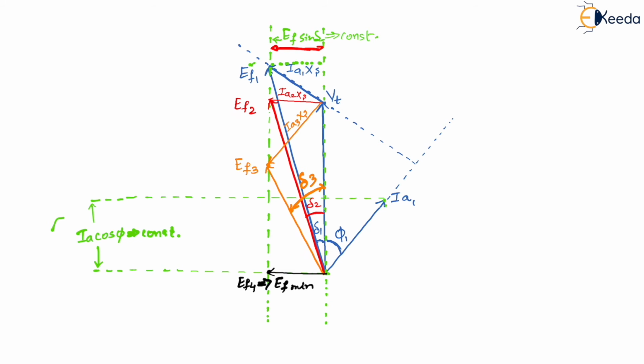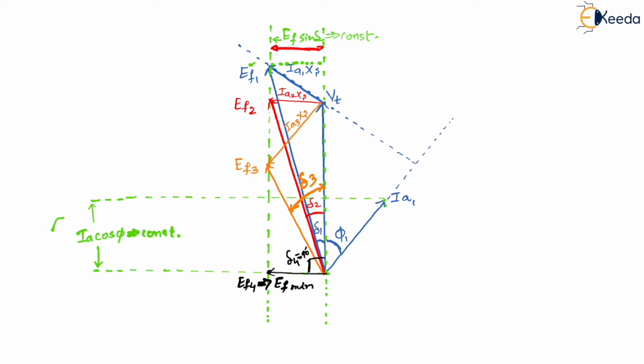Yes. Why? Because now if you see, the angle between this and this is 90 degrees. This delta 4 is equal to 90 degrees, yes or no? Since it is equal to 90 degrees, what should happen?